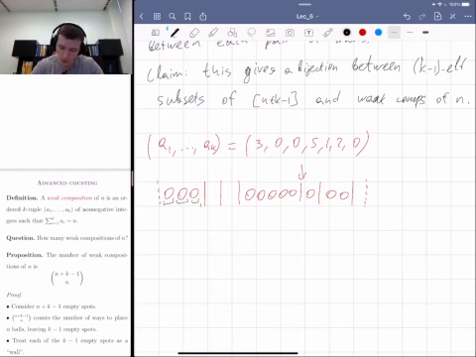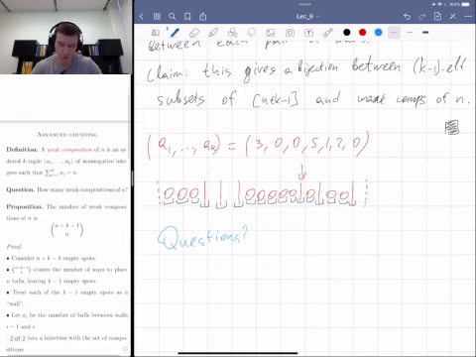Each ball and each wall occupies 1 spot, and my subset records the positions of balls in the resulting configuration. Anyways, that is the end of the proof. If you have any questions on the proof, please let me know.